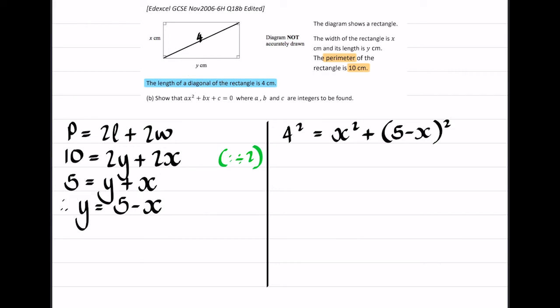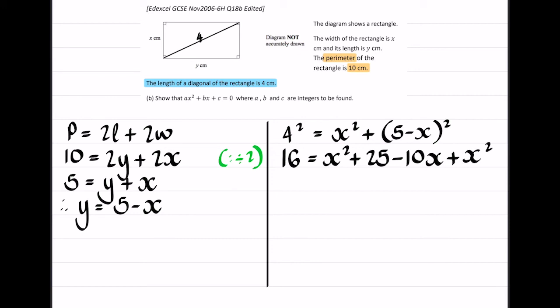So 4 squared is 16, equal to x squared plus 5 squared, which is 25. 5 times negative x is negative 5x, double it, which is negative 10x. And negative x squared is positive x squared.